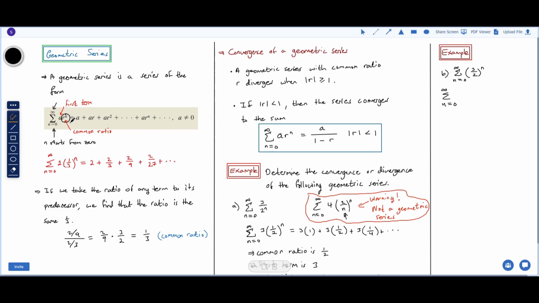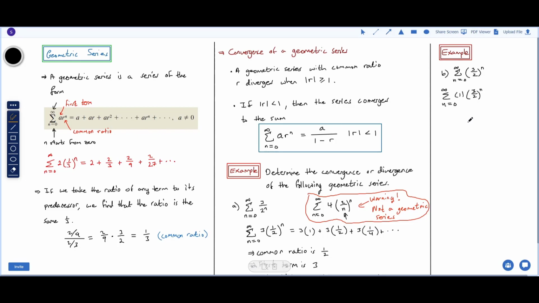So our common ratio here is 3 over 2, because we have 3 over 2 to the power of n, which means the leading term has to be 1. So you can write this as 1 times 3 over 2 to the power of n. I was thinking that too, but I wasn't sure if 1 would exactly be there.